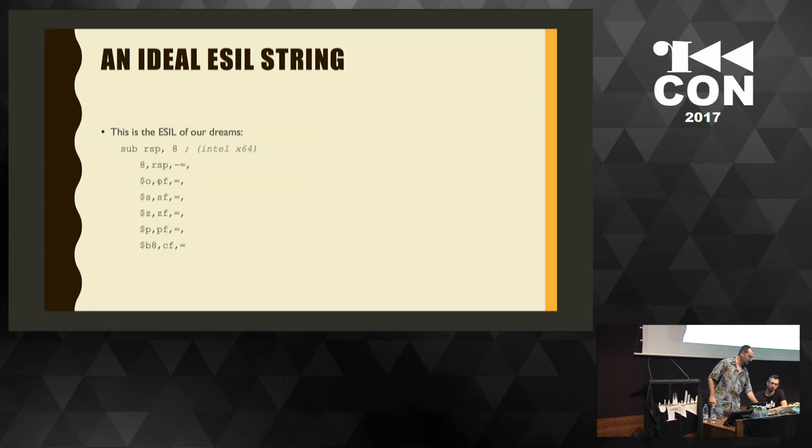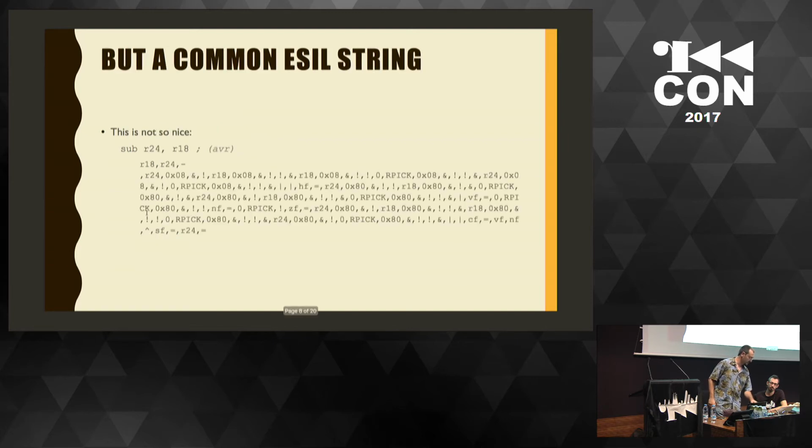Later, we update the CPU flags with some information that ESIL gives after a mathematical operation: the overflow flag, the sign flag, the zero flag, etc. Okay, it's pretty clear.